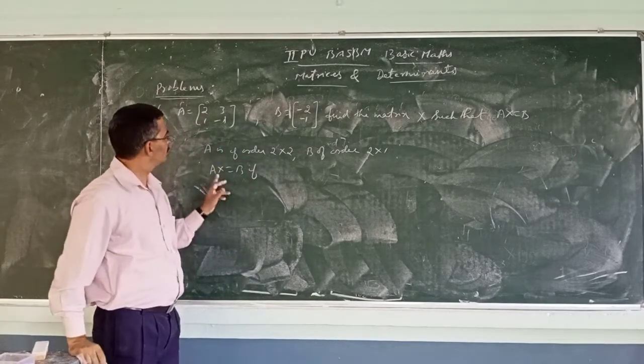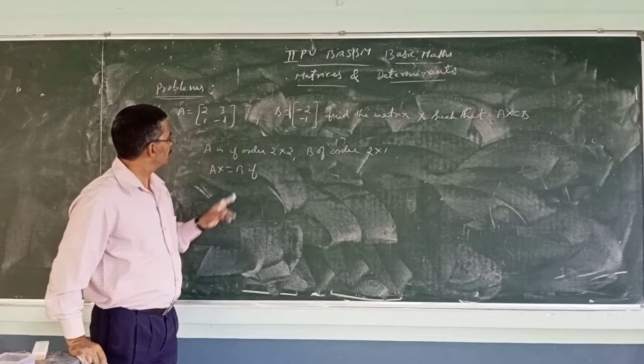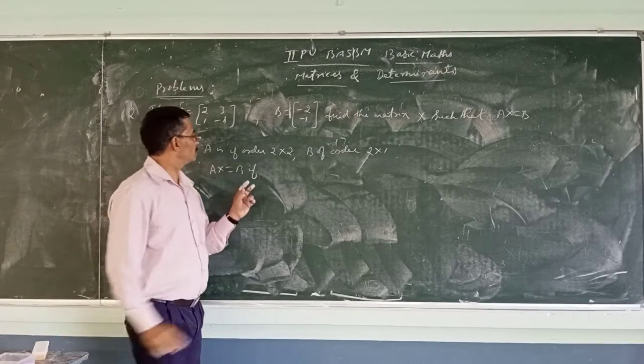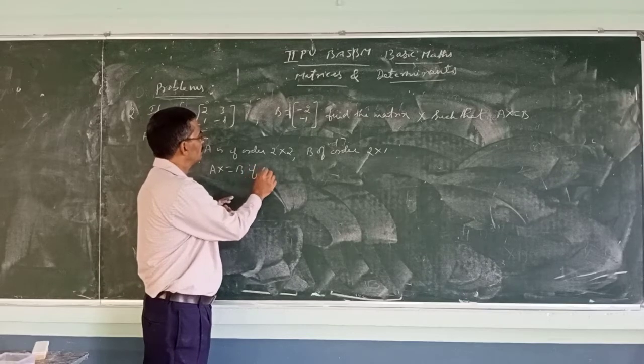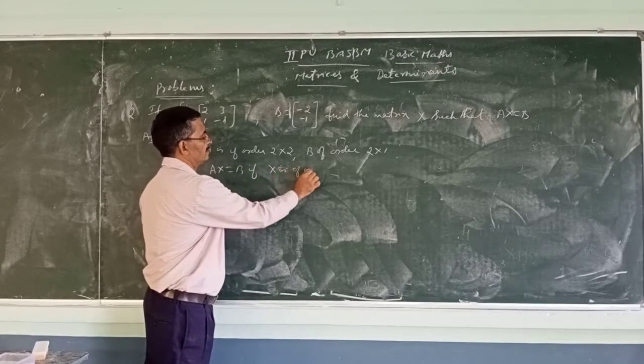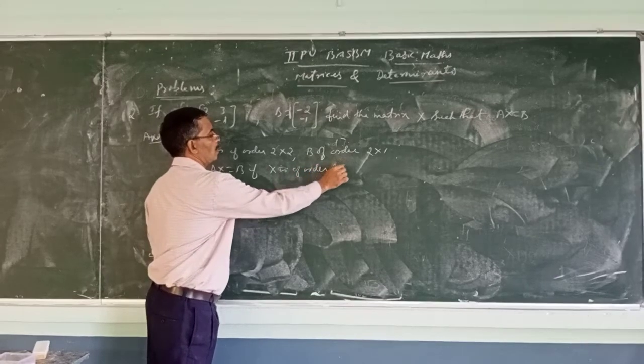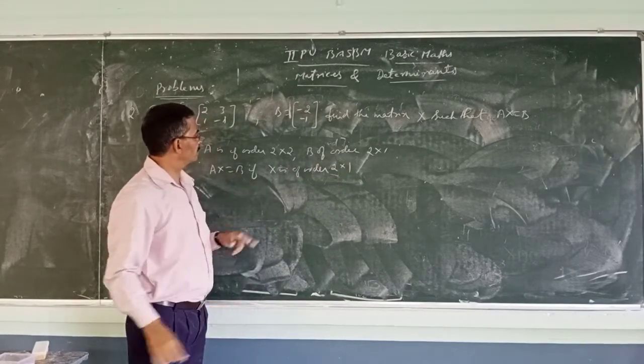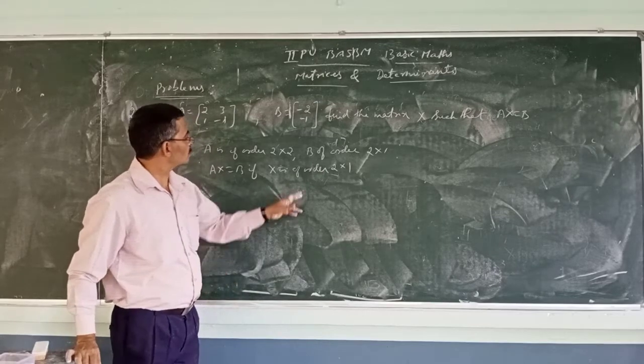AX equal to B is possible if X is of order 2 cross 1.